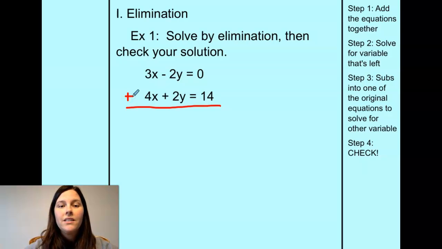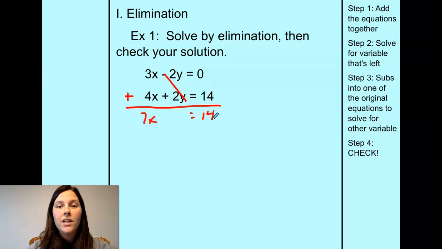We have 3x plus 4x equals 7x. Negative 2y plus 2y, those cancel or eliminate, and then we'll bring down the equal sign. That's got to stay in the same spot as well, and 0 plus 14 is still 14.